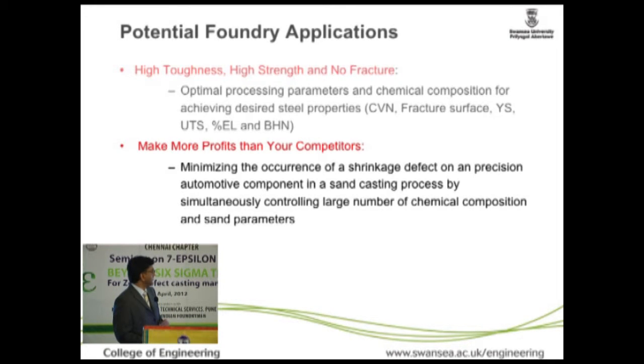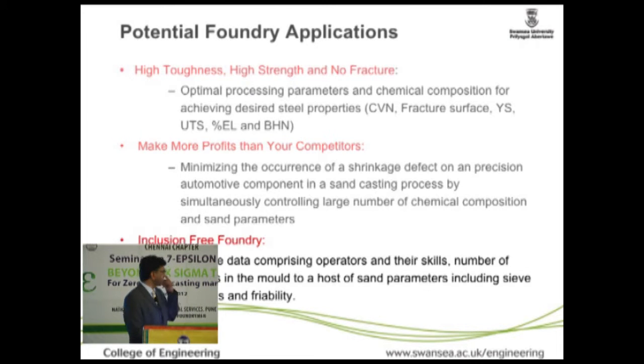Shrinkage defect with a variety of sand plus chemical composition is a routine thing. That's the first thing you can do straight away, because that data is readily available. But we can go a step further and convert operator names into their attributes, such as skill set. We can have attributes for design data as, for example, number of cavities, average section thickness, gradient, and you can get some geometrical packages to give you that information.